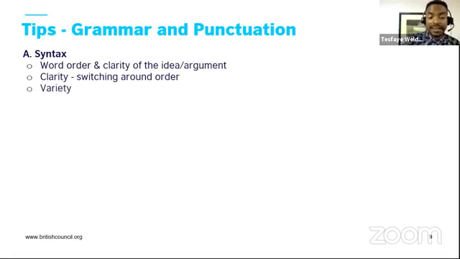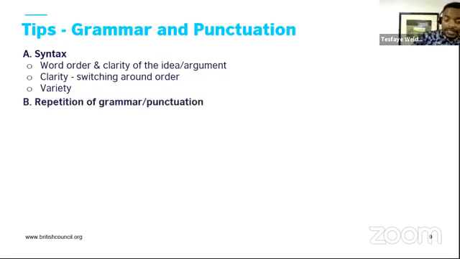And variety in this case plays a big role. Varying your syntax is part of quality writing. And again, this comes close to the previous part, syntax, repetition, avoiding over-relying on particular structures all the time, or commas.